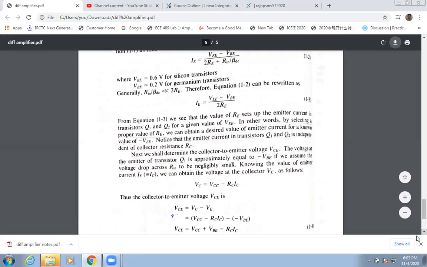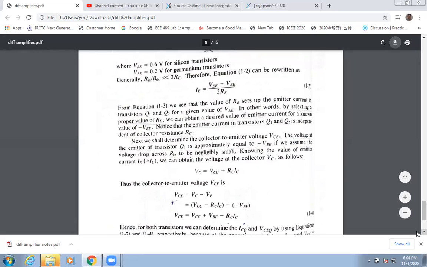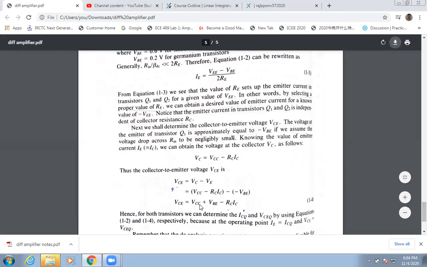So we obtained the collector emitter voltage as VCE equal to VCC plus VBE minus RC IC.